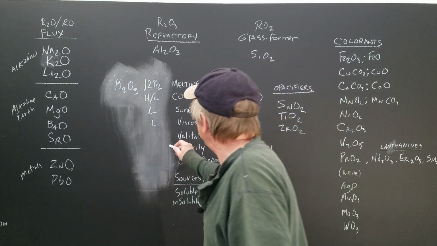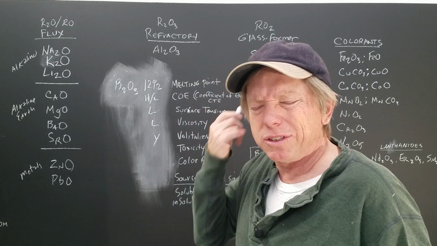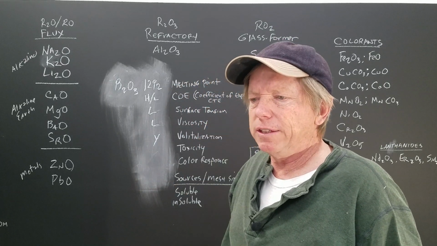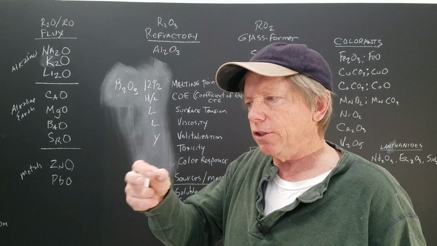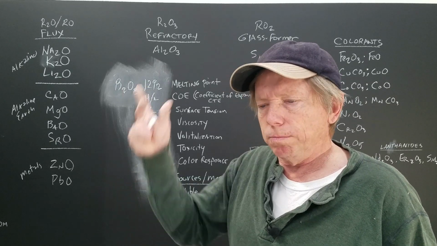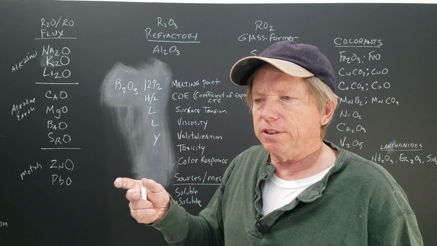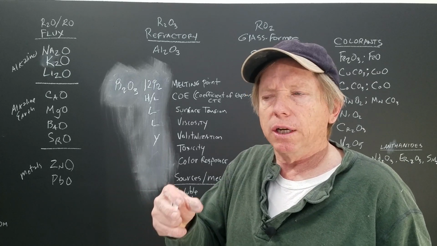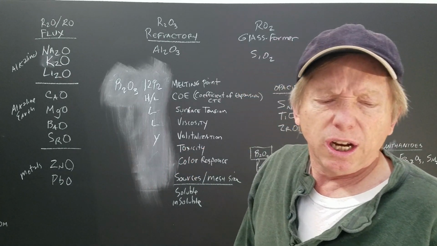Oh wait, yes, it does volatilize a little bit, but it's not as bad as say zinc. If you did a melt test of zinc in oxidation and reduction, in reduction, the entire melt test would be gone, whereas in oxidation, it would be unmelted. So I think this volatilizes, but not that much.